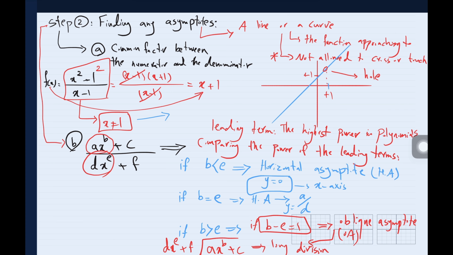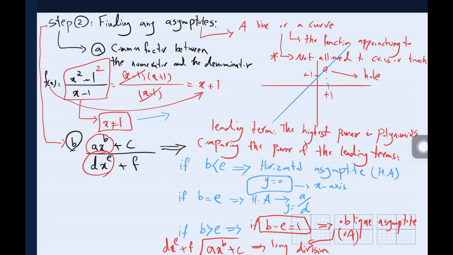If you don't know how to do it, you can put a comment for me, and I'm going to explain that long division in another session. That is also very easy. Okay, so this is part B of the second step.